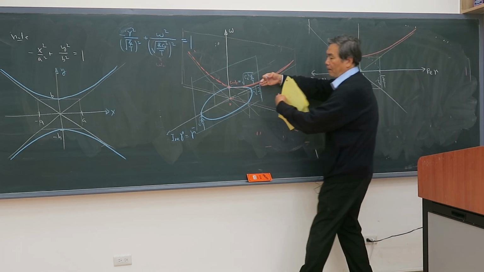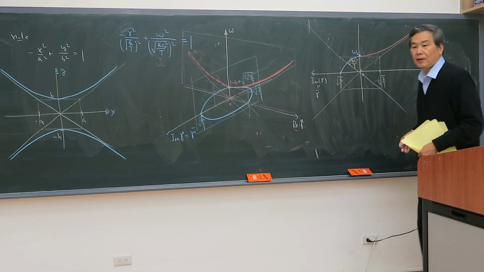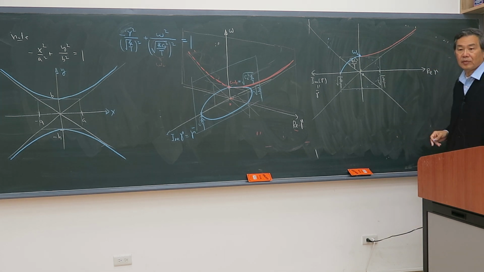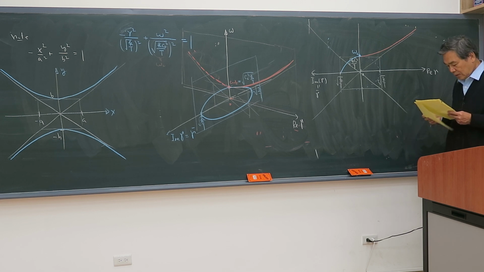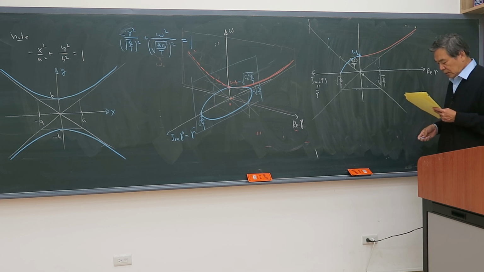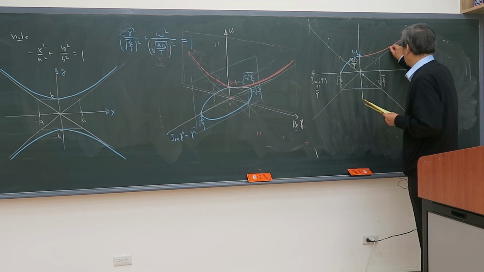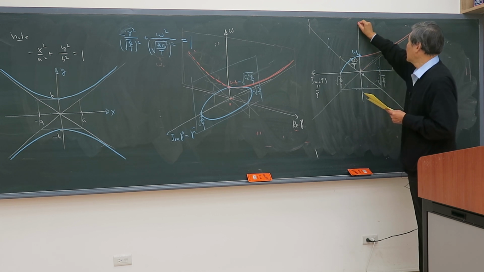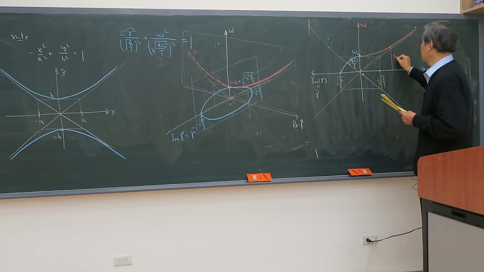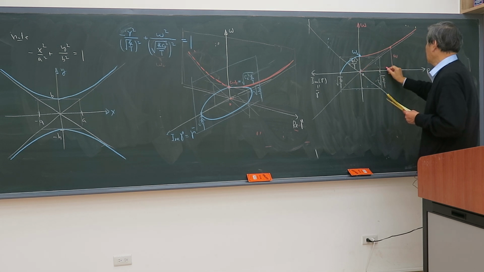I just bend this to this curve. For any point, this is omega, and this is gamma.